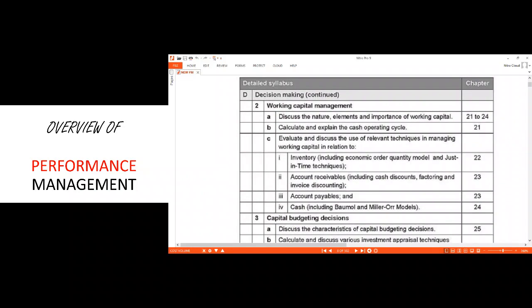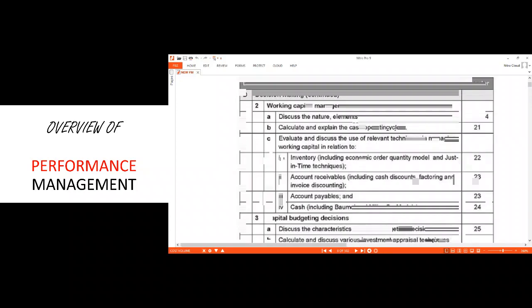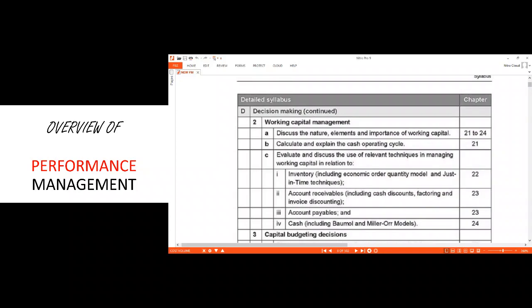Then we move on to the D part, where we will be looking at working capital management. And this is critical in the life of every business. The nature, element, and importance of working capital will be looked at. The cash operating cycle will be looked at, and we'll explain it to ourselves.